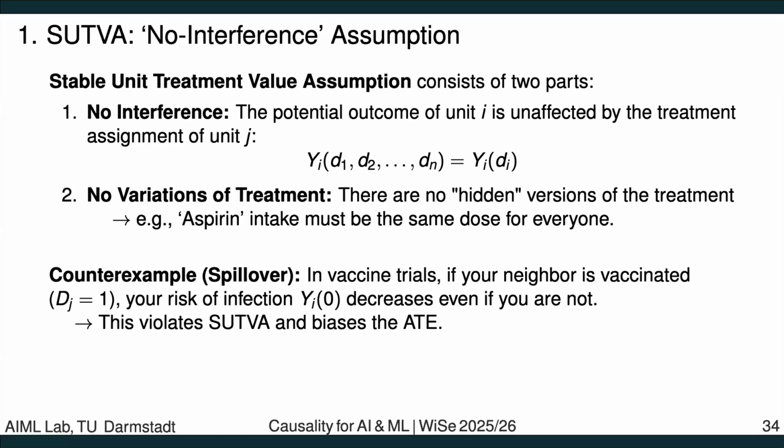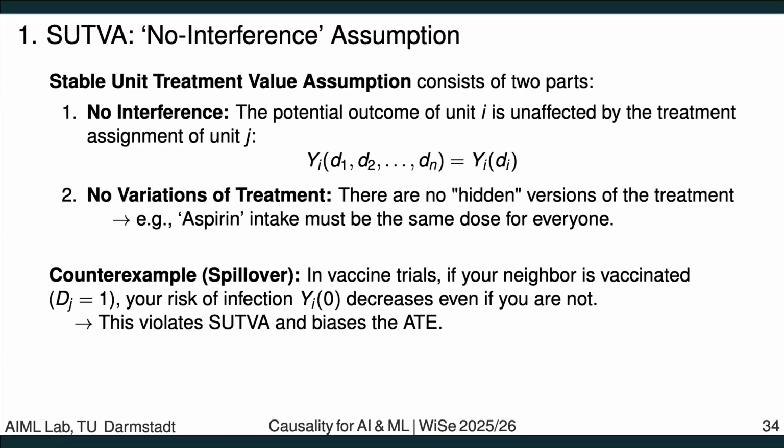So the stable unit treatment assumption has basically two parts. The first one is the no interference assumption that I told you before. If I look at all the treatment assignments, the individual outcome should only depend on the individual treatment assignment. And this can quite easily be violated.